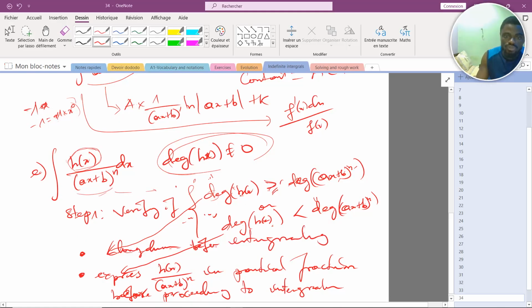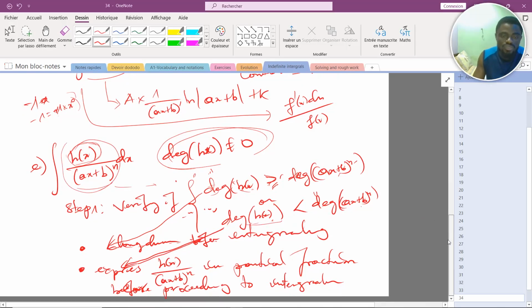You first do the long division of h of x by this before integrating. But if the degree of h of x is less than the degree of ax plus b raised to the n, then you express all of this in partial fractions before integrating. So that's all what you have.